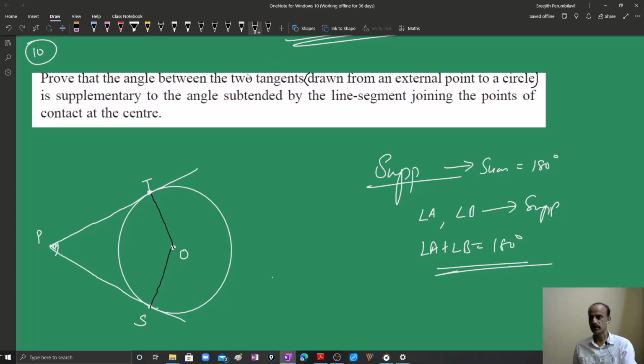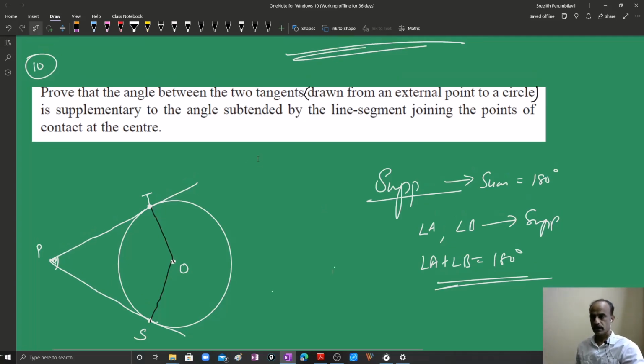So this angle is supplementary to this angle.